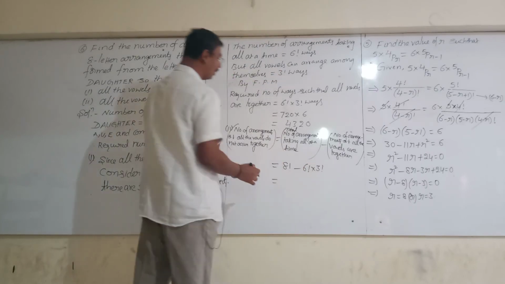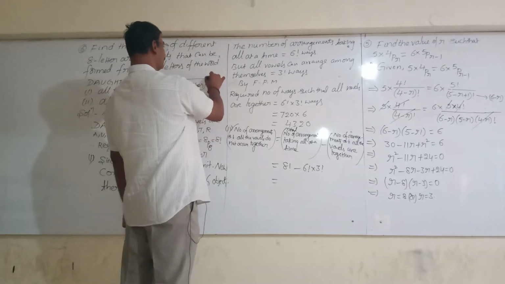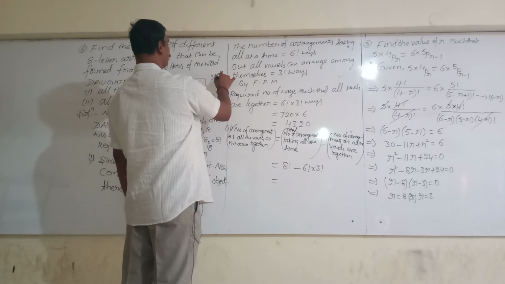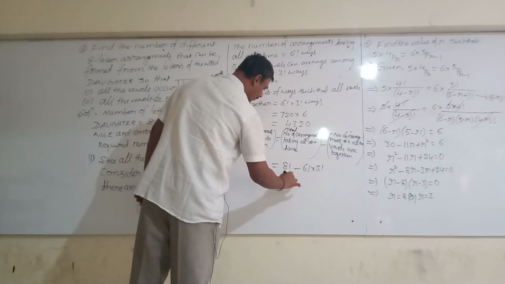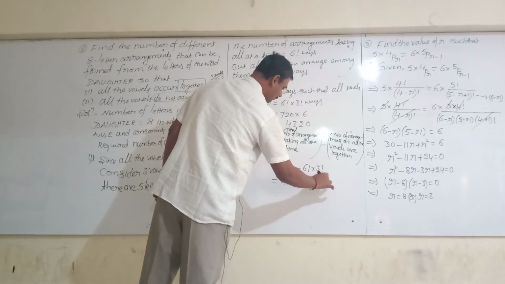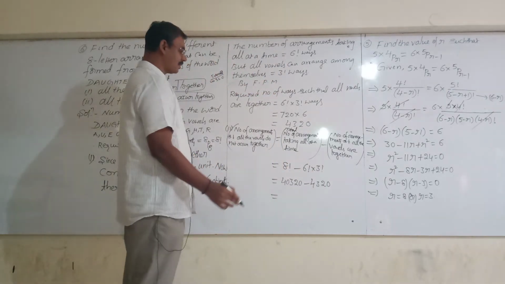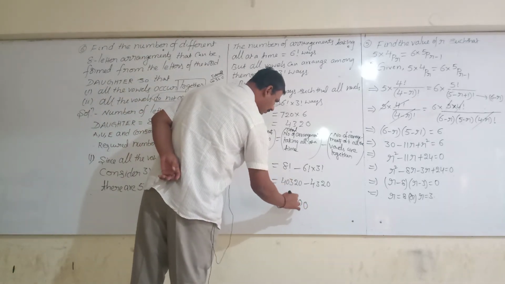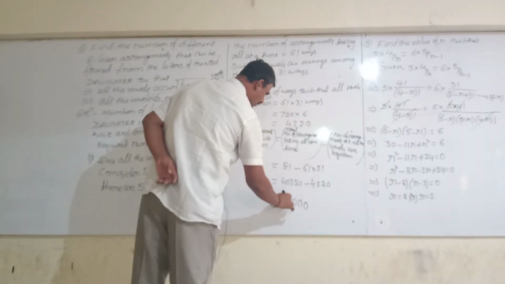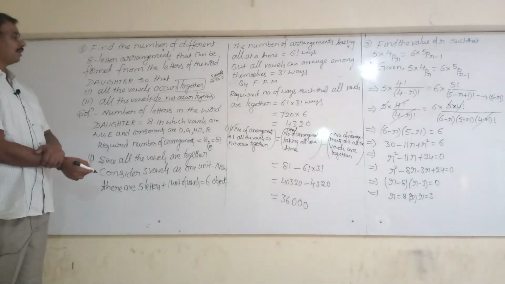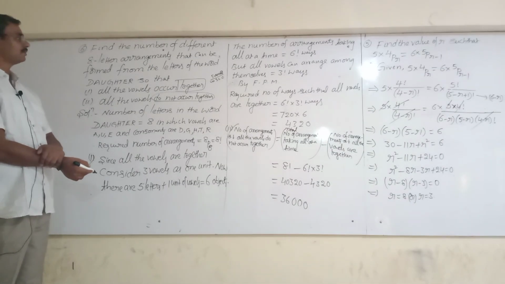The value of 8 factorial is 5040, that is 7 factorial, into 8, which is 40320. 40320 minus 4320 is equal to 36000. So this is the total number of arrangements in which the vowels do not occur together.